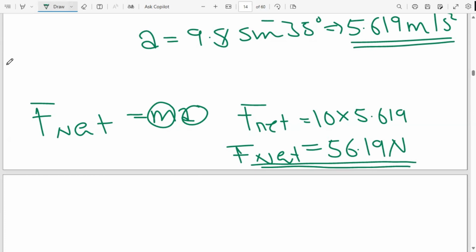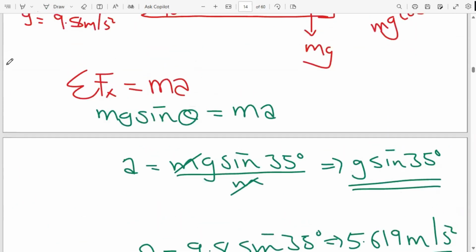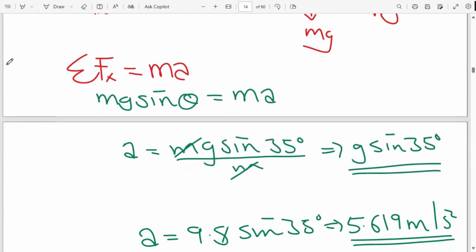So the net force on the crate will be 56.19 newtons. Or if you don't want, you can use the ordinary method that we used in question A, where we say the summation of forces is equal to mass times acceleration. Which forces do we have? We only have one force in the x-axis, which is mg sine theta, and it is acting along the direction of acceleration, which means it is a positive force. It is the only force acting on this object.